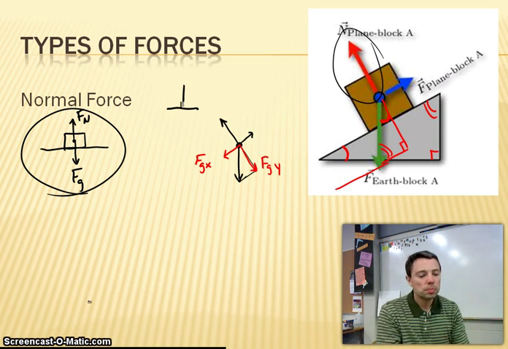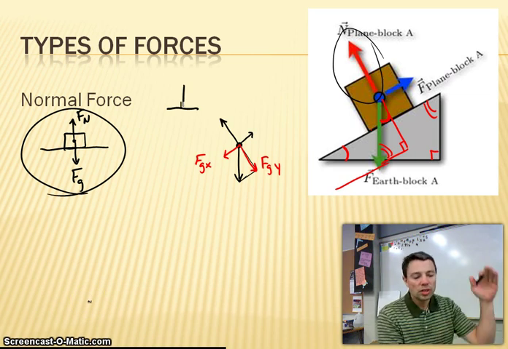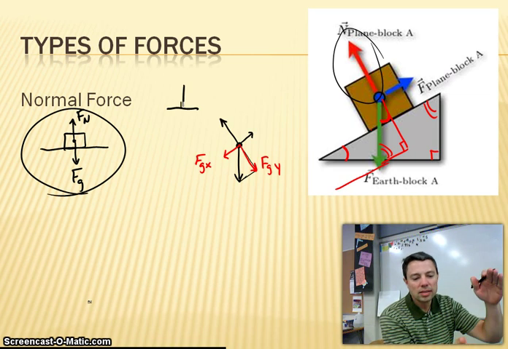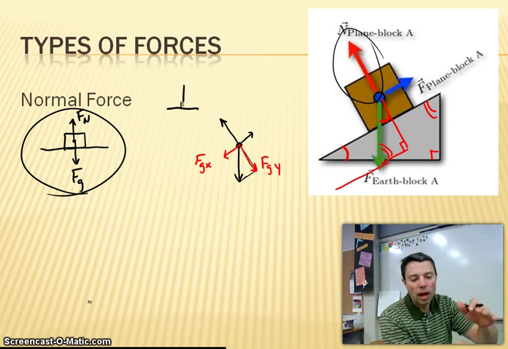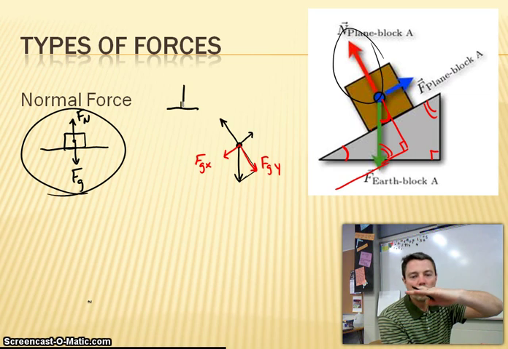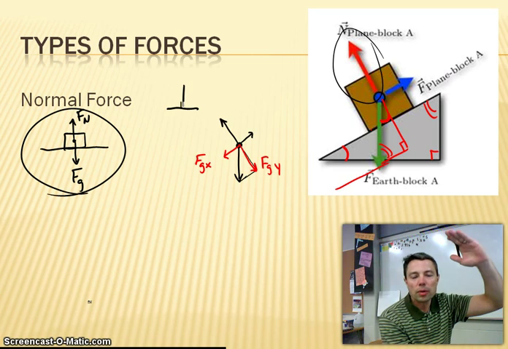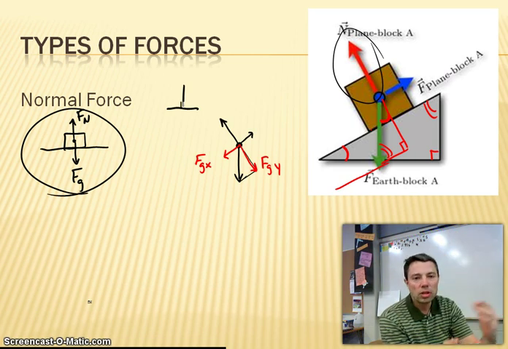Normal force has a tendency to always equal out whatever it needs to be. So in other words, the normal force changes as the angle of my incline changes. It can get bigger or smaller depending upon whether my angle is increasing or decreasing. And then there are limits to that.